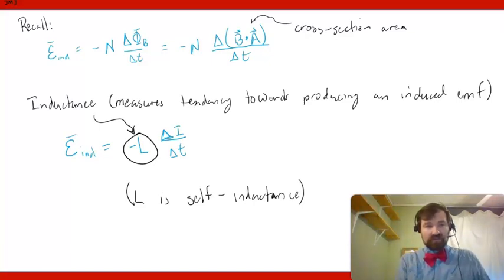And so this, in some sense, actually defines the inductance. We want to do something similar to what we did with capacitors and resistors, wherein we figure out what the inductance is based on actual properties of the thing that is acting as a self-inductor, say a solenoid or what have you.